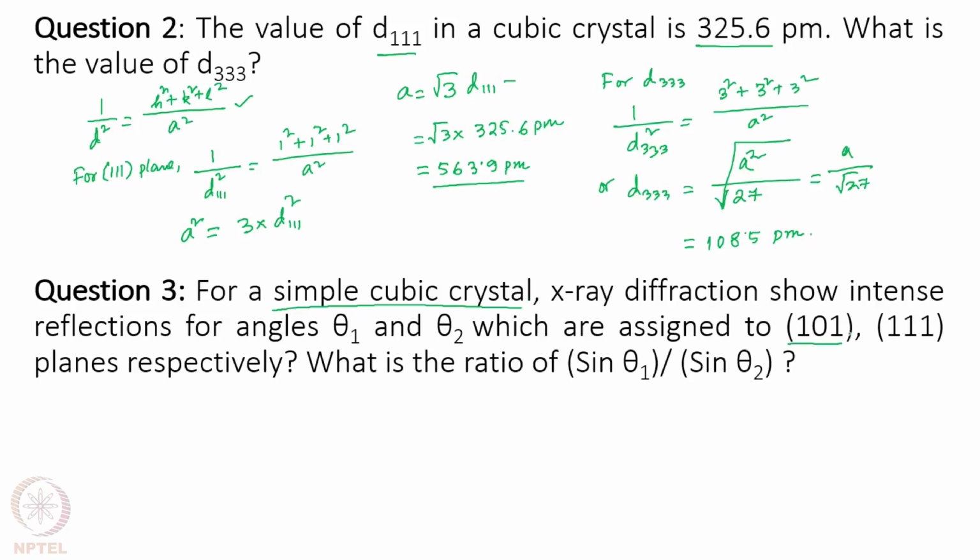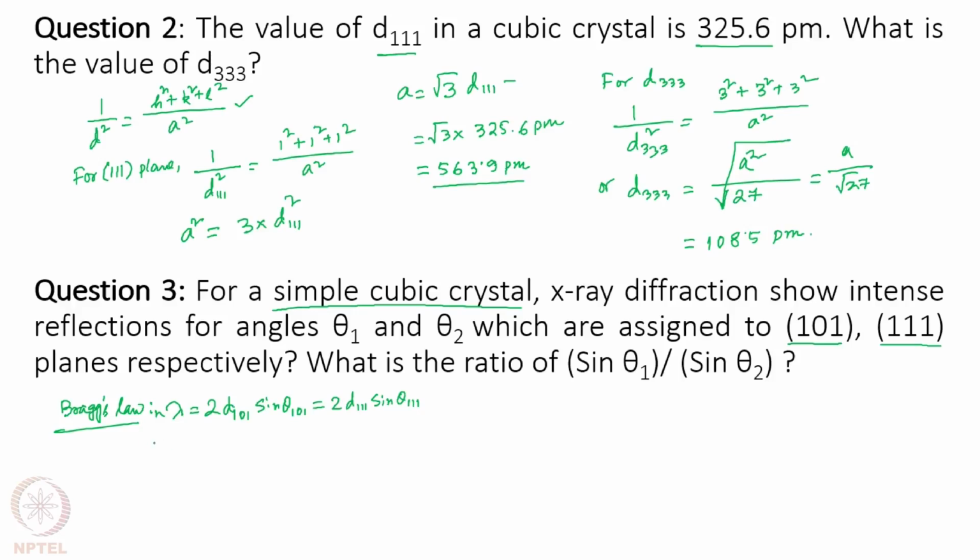The question number 3 says that it is a simple cubic crystal, which is important information here. To get the values for d101 and d111, we should be able to write Bragg's law for these two reflections. n lambda is equal to 2 d101 sin theta 101 is equal to 2 d111 sin theta 111.